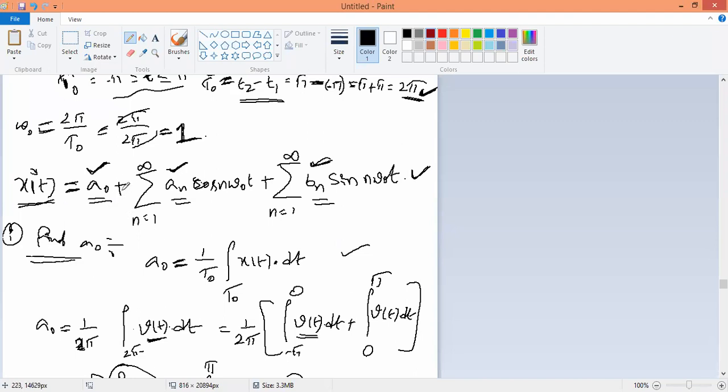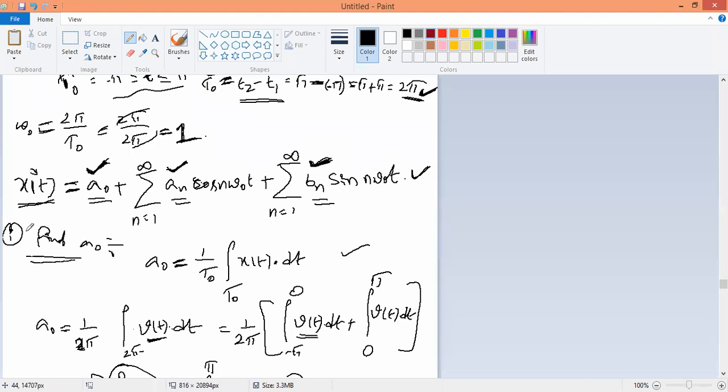Before expanding the trigonometric form, first we have to find the a naught value, a n value, and b n value. Here a naught, a n, b n are the coefficients of the trigonometric form.